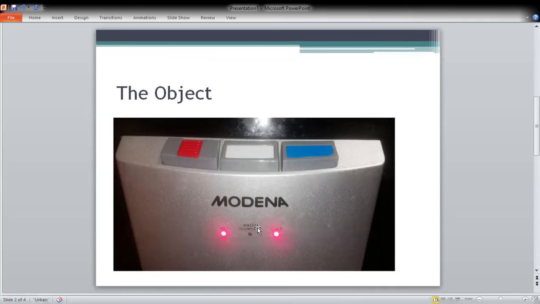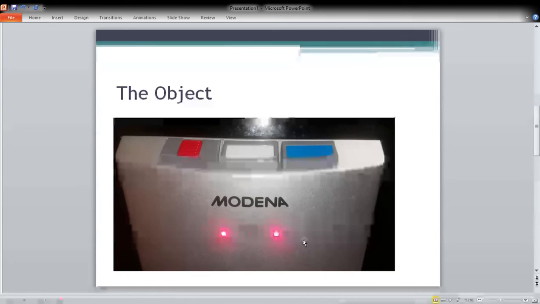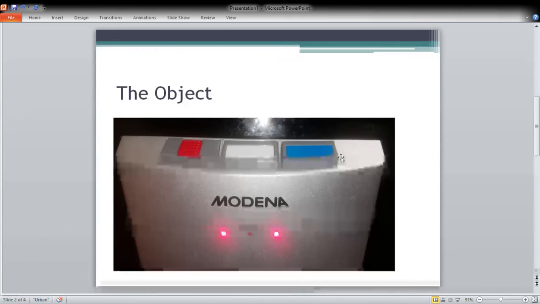So my suggestion is that the hot water lamp should be red and the cold water lamp should be blue. And the red and blue lamps only turn on whenever the water is hot enough or the cold water is cool enough.